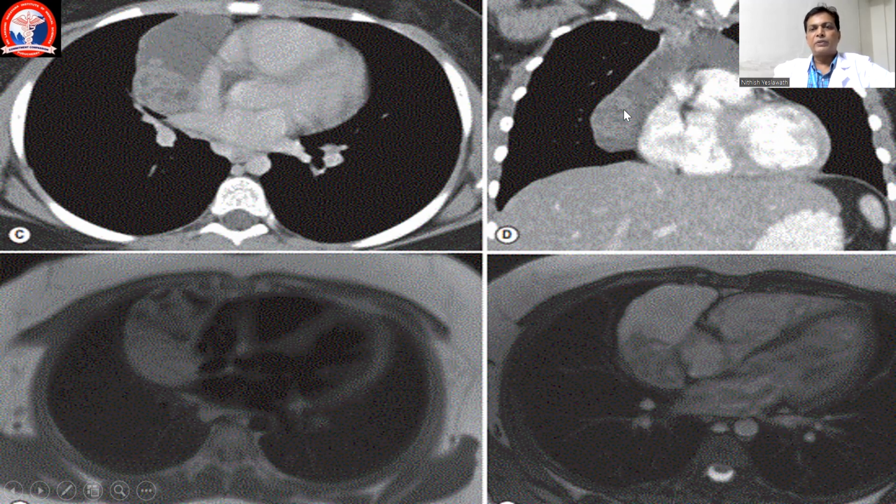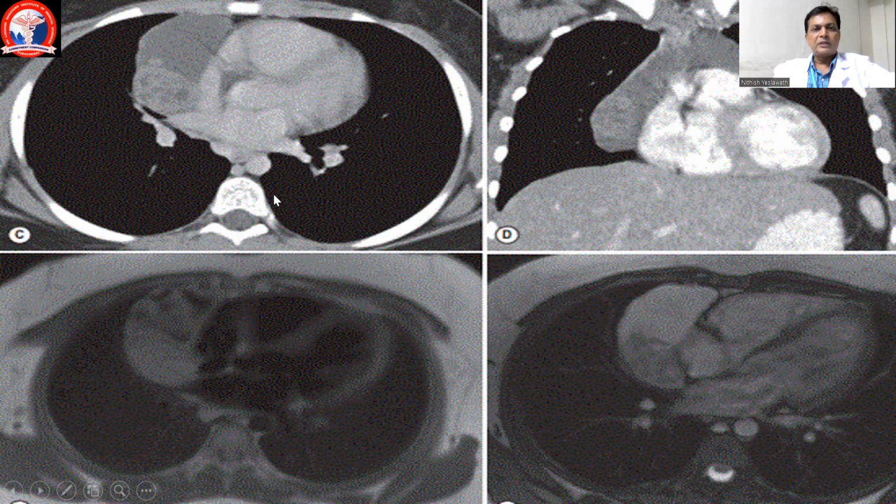Here on the coronal section, we again see the lesion where the solid component is showing contrast enhancement. On T1 weighted images, the fluid content is seen as a hypo-intense or dark area. On T2 weighted images, the fluid is seen as a hyper-intense or whitish area.